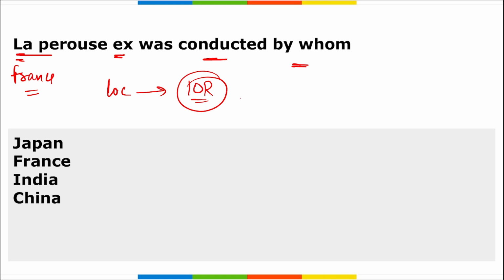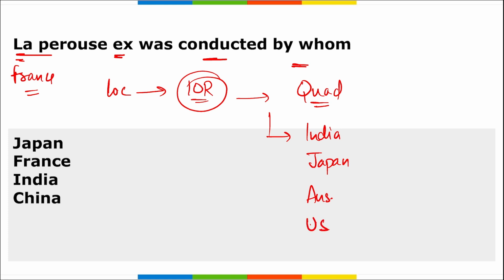Alright, and remember, this La Perouse exercise saw the participation of Quad countries. And which are the Quad countries? They are India, Japan, Australia, and USA. Alright, apart from this, remember the UK, that is the United Kingdom, also took part in this exercise.